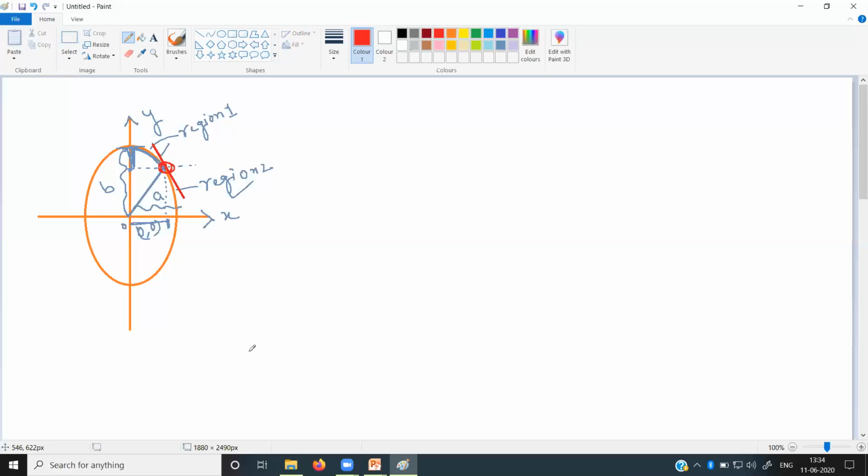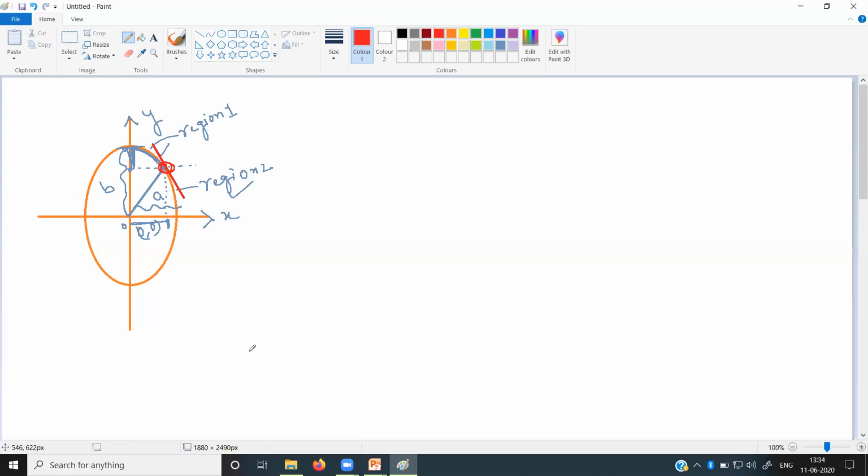If I draw a tangent on this point, then the value of the tangent indicates when we have to stop generating the points of region 1 and when we have to start the points of region 2.